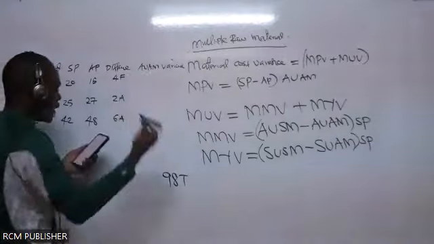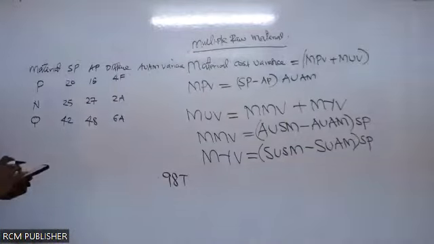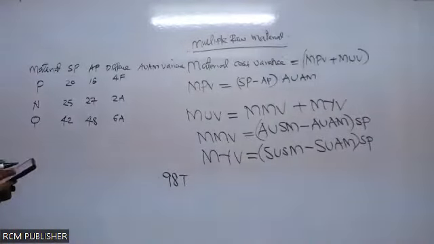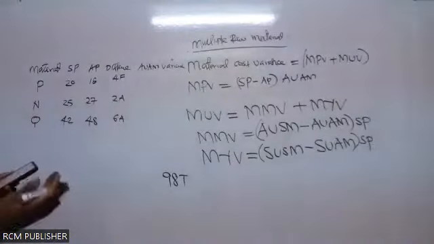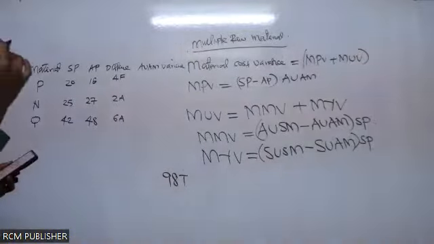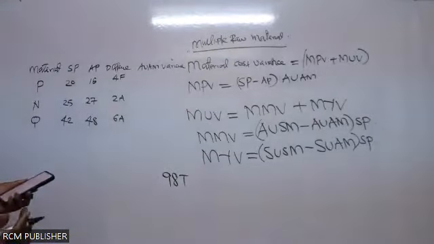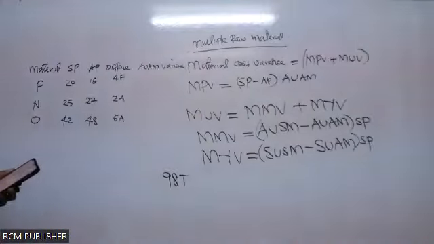Actual usage in actual mix. That's what I want now. So I want somebody to tell me for product P, actual usage. Remember, that's now the quantity. How many tons did we actually use?